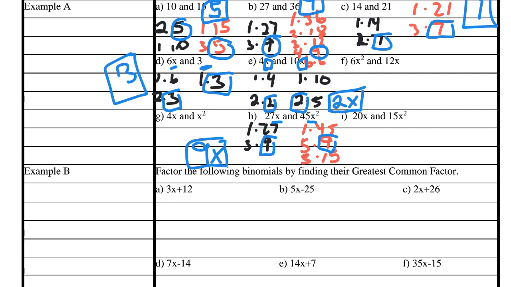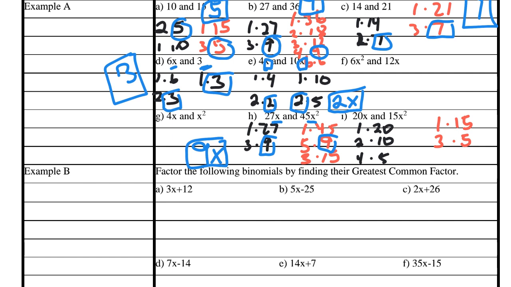Okay, let's try I. So break down 20 into 1 and 20, 2 and 10, and 4 and 5. Do the same for 15. So 1 and 15, 3 and 5. Find your greatest common factor.